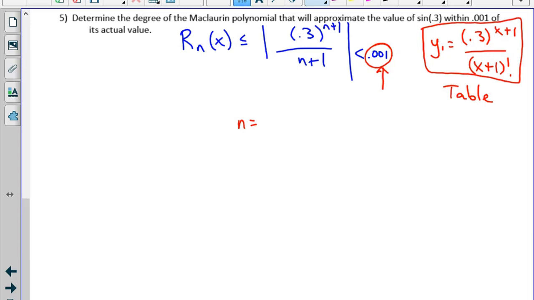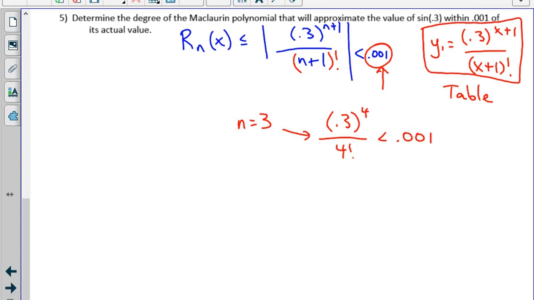But what you will find is that n equals 3 works, which means that 0.3 to the 4 over 4 factorial. Oh, doggone, I forgot the factorial the whole time. Sorry. Hopefully you figured that out. But this value ends up being less than 0.001.